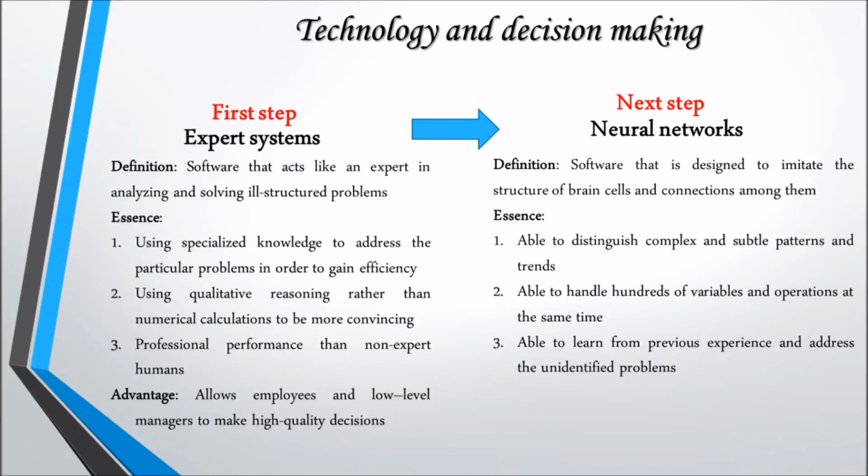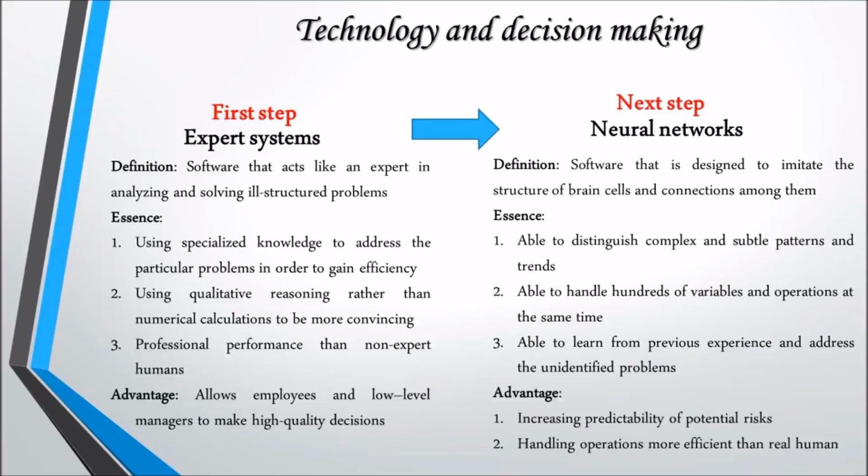Also, it is able to handle hundreds of variables and connections at the same time, which is impossible for humans. And it could learn from previous experience and address unidentified problems, while an expert system can only search for existing ones. By using the system, people could predict potential risks as it shows the direction that the problem is leading to, and it is more time-saving.